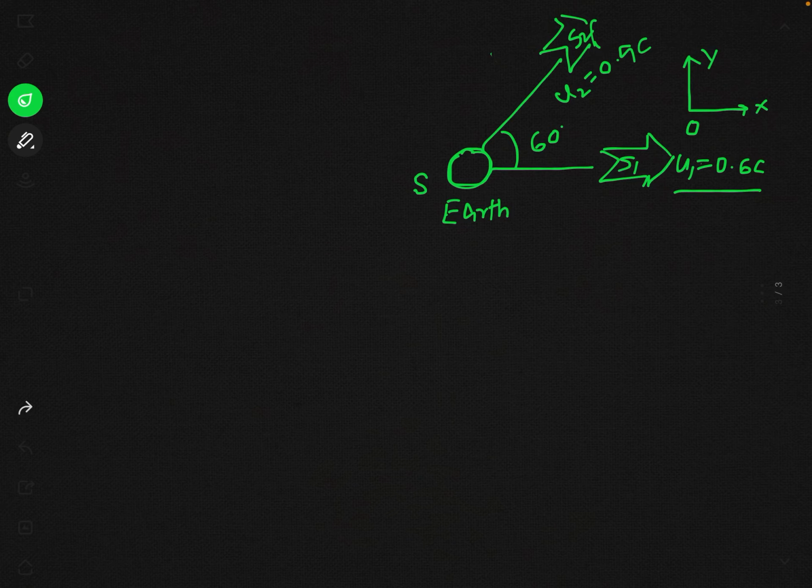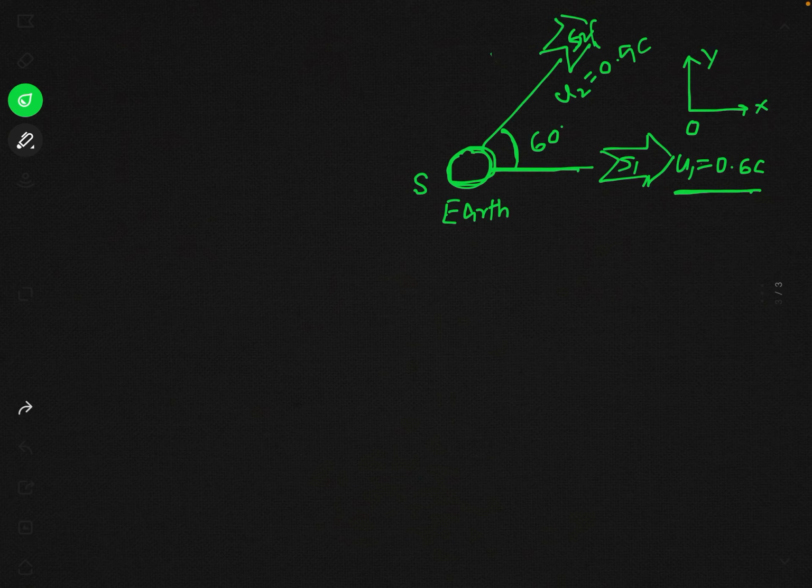With respect to this S, the speed of spaceship S1 is given as u1 equal to 0.6 c, and it is along the x-axis. And with respect to the observer situated on the Earth, you can see the speed of the second spaceship S2, this is u2 equal to 0.9 c, and the direction of this velocity u2 makes an angle of 60 degrees with the direction of u1.